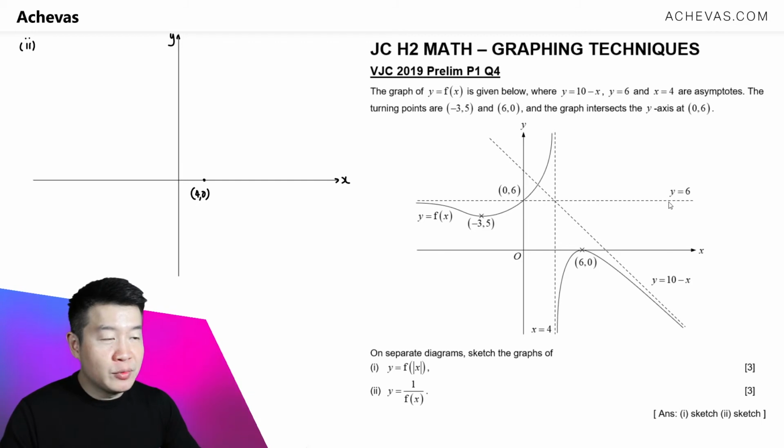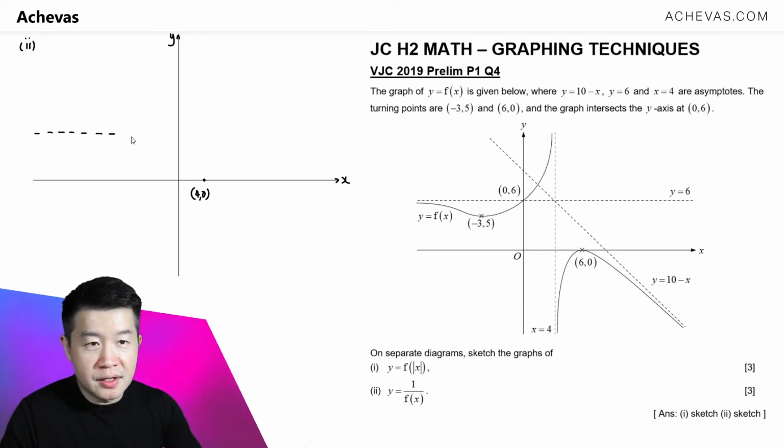And for the horizontal asymptote, y is equal to 6 will become a new horizontal asymptote, y is equal to 1 over 6. So let me draw in this horizontal asymptote. Let's say it is here. So labeling this, y is equal to 1 over 6.